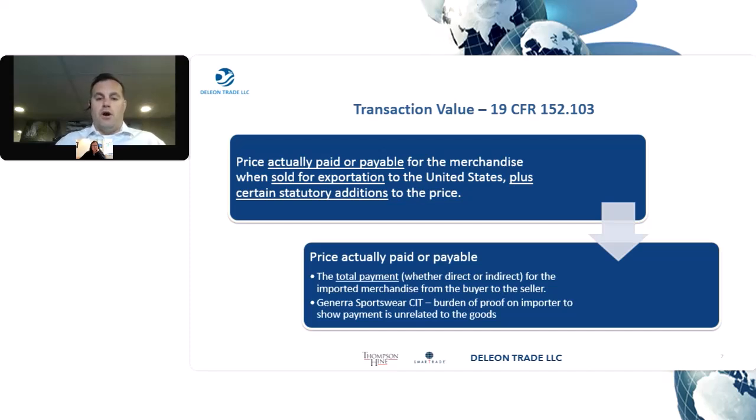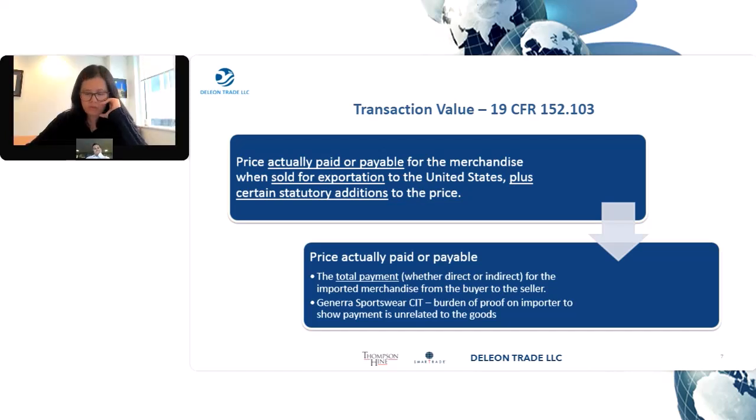Otherwise, all of the payment from the buyer to the seller will be part of the value under transaction value. So all of those payments have to be included unless you can prove otherwise. So it's a very important court case for customs. And importers sort of have a relative disadvantage, where you have to substantiate anything you're going to exclude from the valuation.